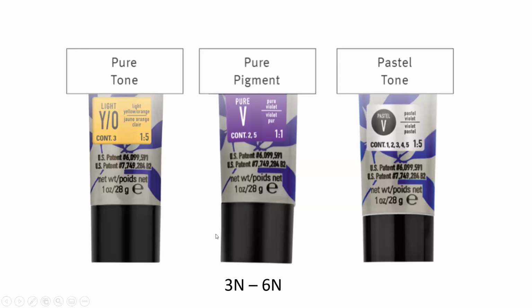You would only use these on darker hair, so on a base of a 3 to a 6. And then, as I mentioned at the beginning of this presentation, we have our pastel tones, which we use with our high lift range, the very light high lift blondes. These are the different types of free pigments within our full spectrum permanent range.